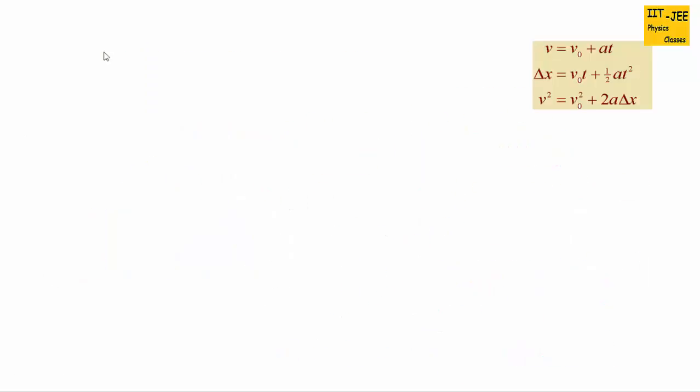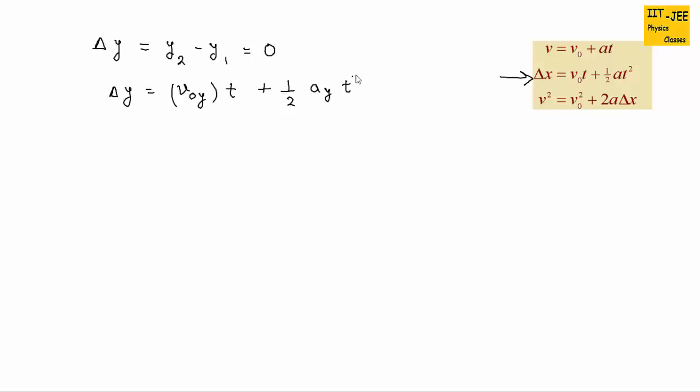Let's take the next page. So here delta y, y2 minus y1, and y2 both are 0, so change in vertical displacement is 0 here. So we are going to use this equation, and I am writing this equation for vertical motion: delta y equals V0y times t plus half ay t squared. So from initial point to final point there is no change in vertical displacement, so it's 0.